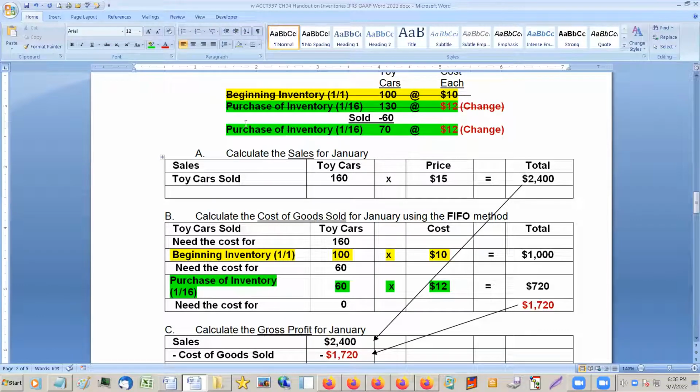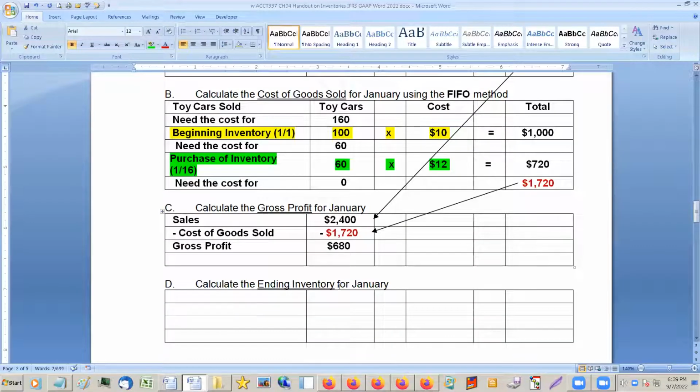All right, so we have this inventory, this is what's left over. This is sort of like what was not sold, so the ending inventory is what was not sold.